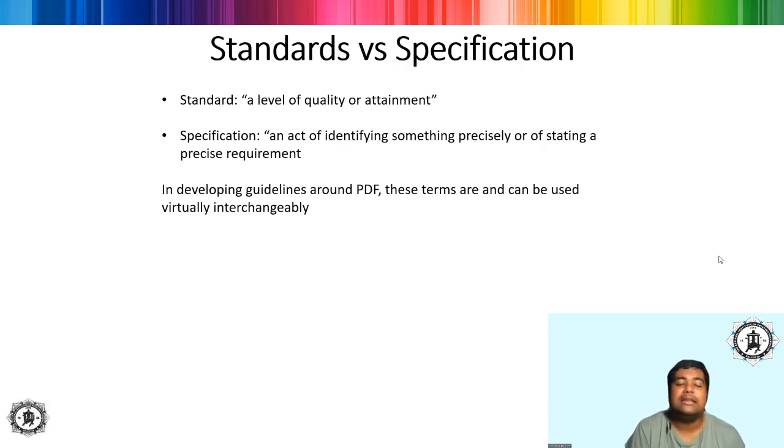If so, then an auditor will visit the business, and they will audit all the processes and all the documentation, and if satisfied and all the conditions are met as per the standard, the company will get the certification that yes, this company is ISO 9001 certified. That means it has achieved a level of quality, right? So that is what a standard is.